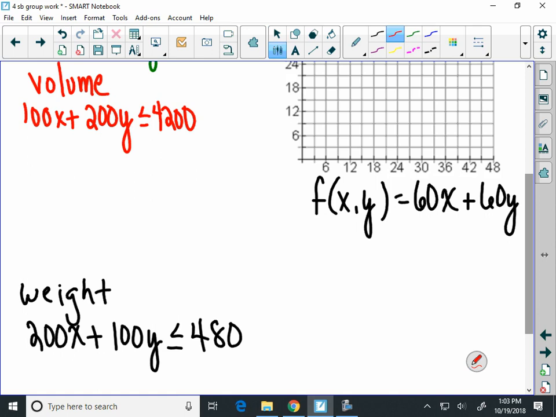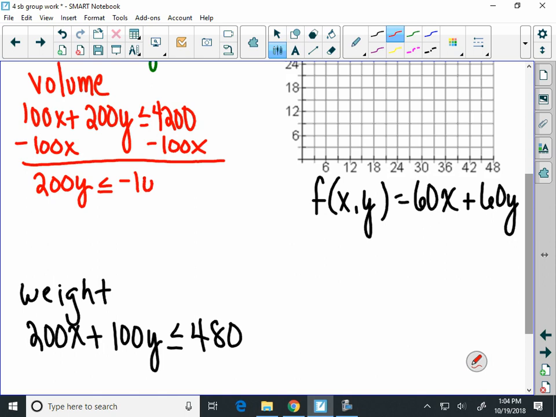So we're going to solve for y up here in this red equation. That means we're going to subtract 100x from both sides. And we get 200y is less than or equal to negative 100x plus 4200. Divide everything by 200.